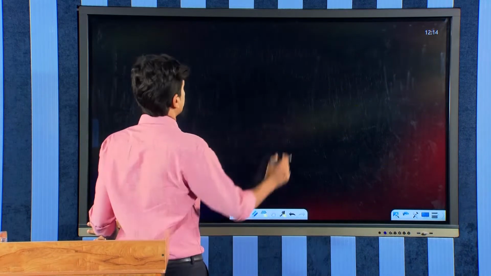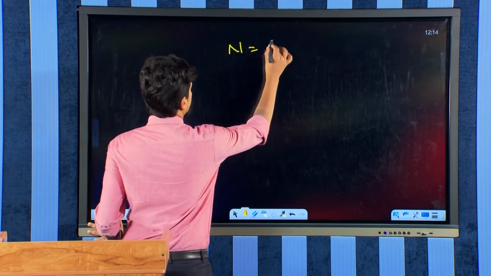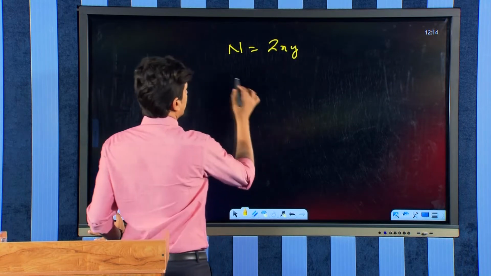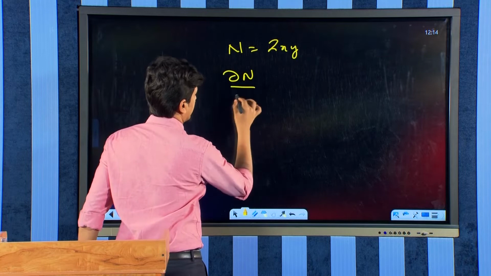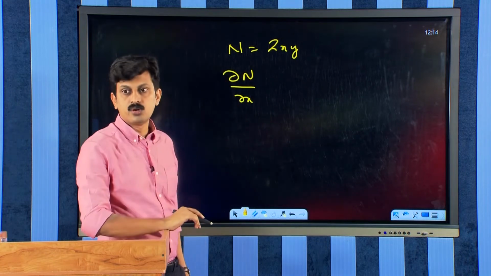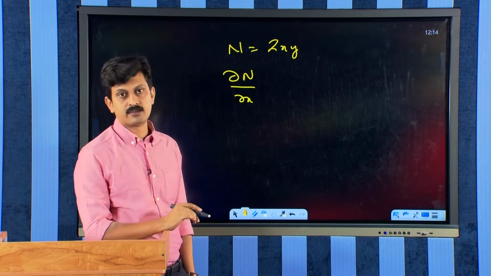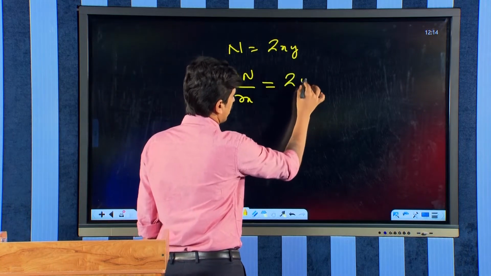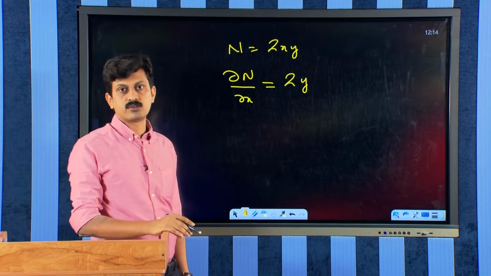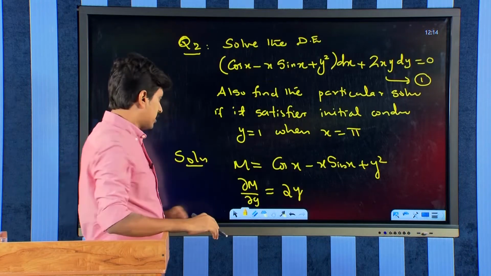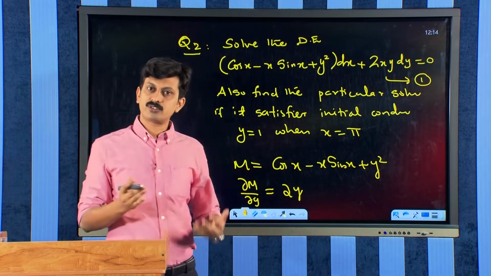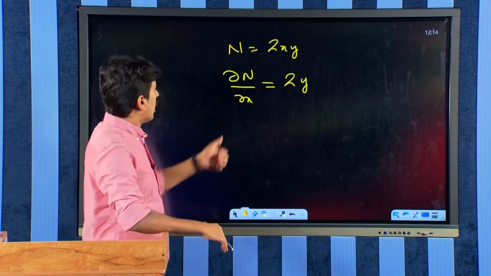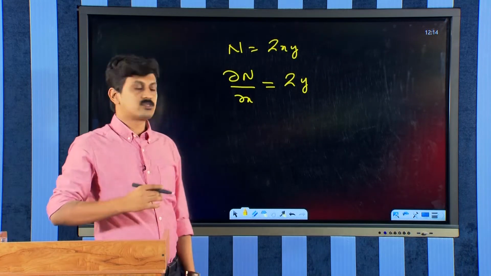N is equal to 2xy, we partially differentiate N with respect to x, so we have to find ∂N/∂x. Differentiating this with respect to x, the value is 2y. So here ∂M/∂y is equal to 2y, also ∂N/∂x is equal to 2y.